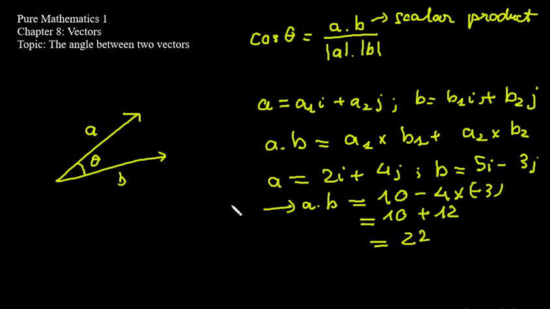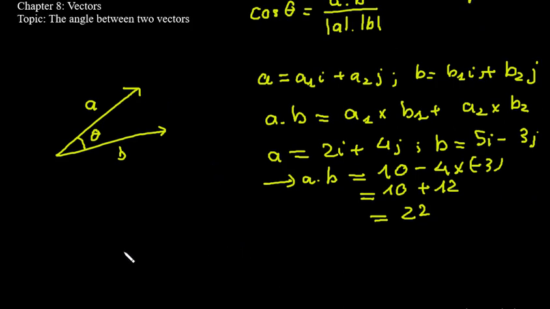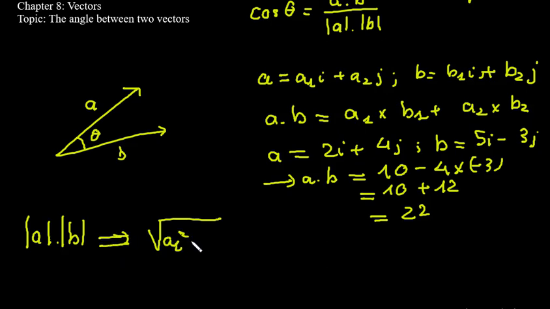And here you see modulus of A multiplied by modulus of B. What are they? As I told you before, when you have the modulus, it means the length of the vector. So the length of vector A would be the square root of A1 squared plus A2 squared, multiplied by the square root of B1 squared plus B2 squared.